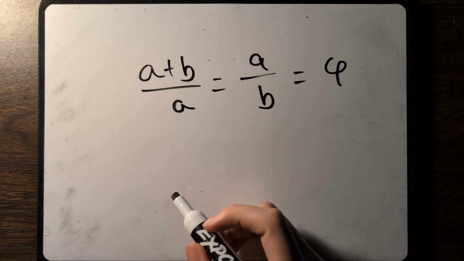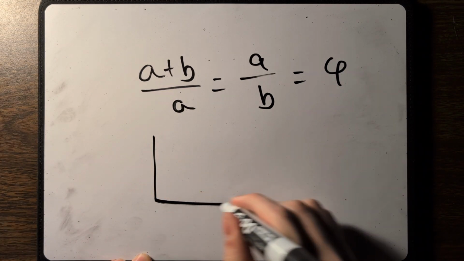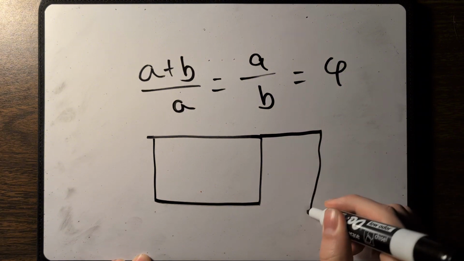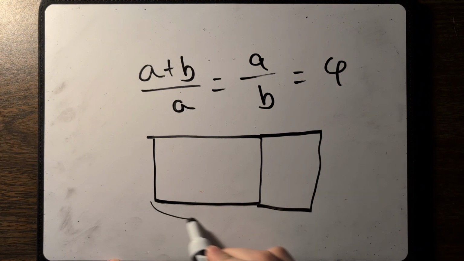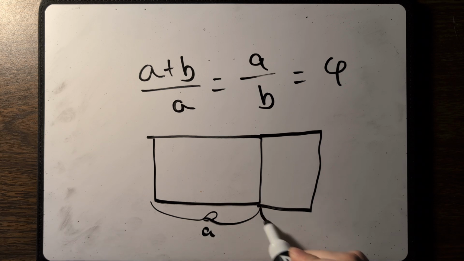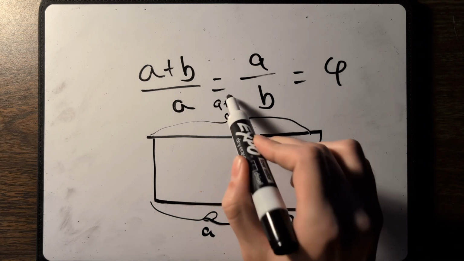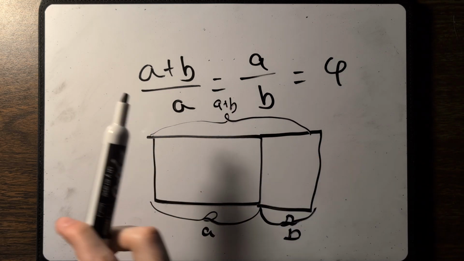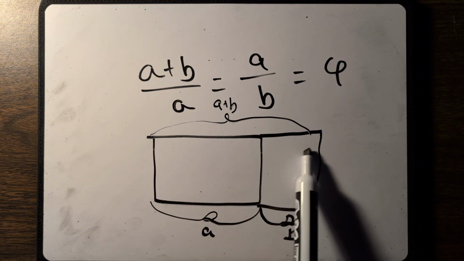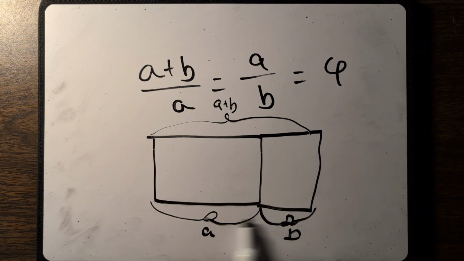Now this ratio shows the relationship between two squares or two rectangles of lengths a and b, and how when we add these together to get a plus b, the ratio between a plus b, this total length, over a, just the length of a, is equal to the length of a divided by the length of b.